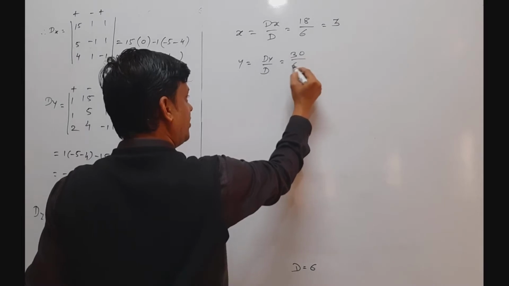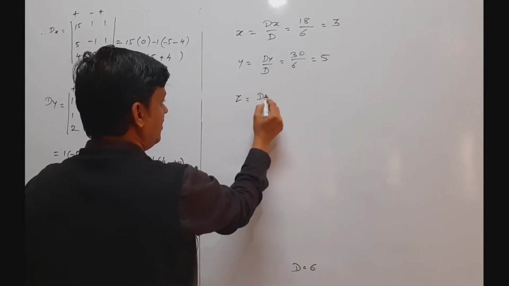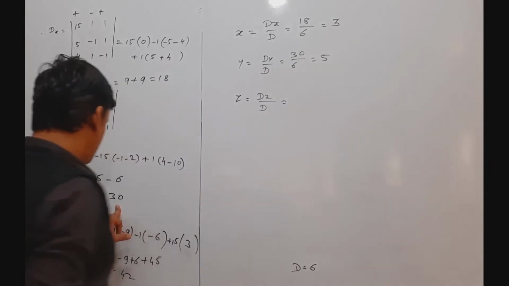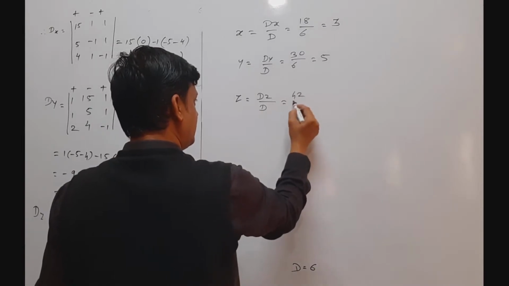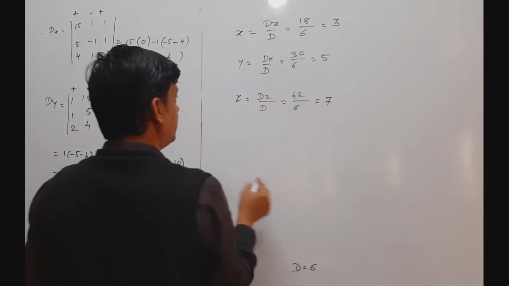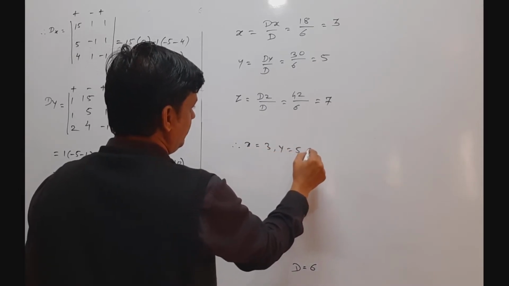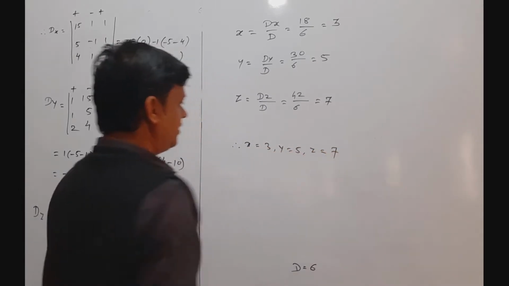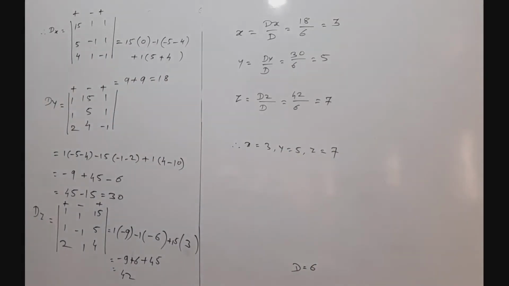So 30 upon 6, which is equal to 5. Then z is equal to dz upon d, so dz is 42, which is equal to 7. Therefore we get x is equal to 3, y is equal to 5, z equal to 7 as the first, second and third number respectively.